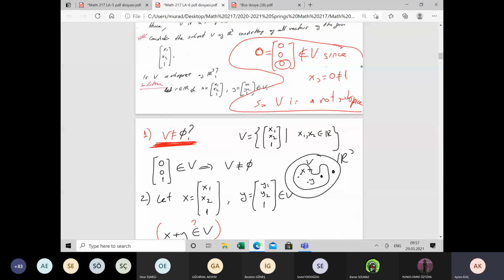But if 0 is in V, we don't know whether it is a subspace or not. If 0 is not in V, it is not a subspace.